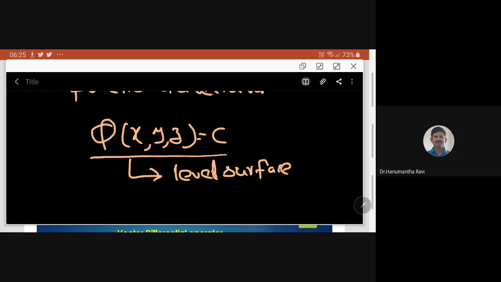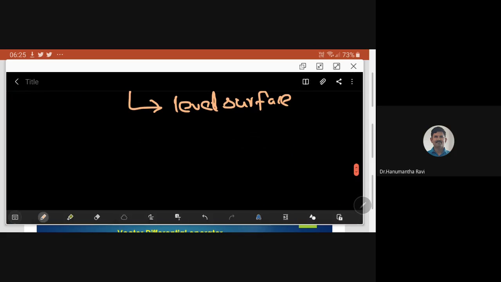For example, you have x square plus y square plus z square equal to 4. What does this represent?